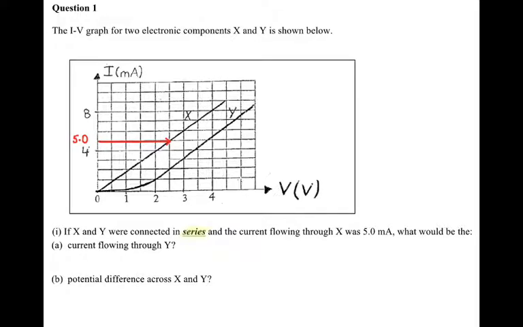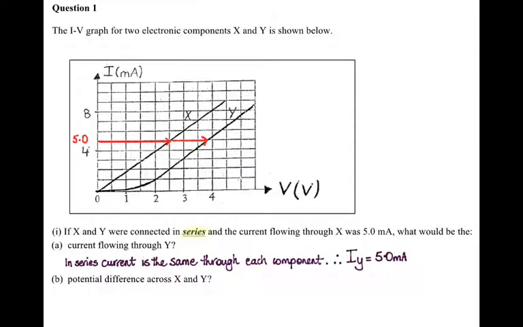Kevin says the current in series is the same. That means that Y should also be 5. Does that make sense? So that's got to be 5 as well, just there, because in series, the current is the same. So current flowing through Y is also 5 milliamps. So far, so good.